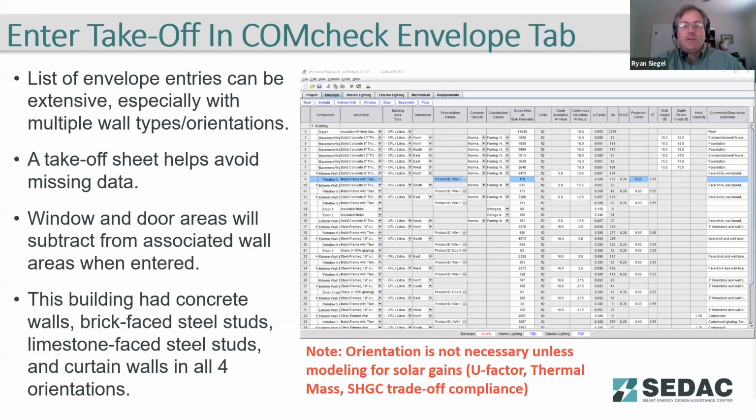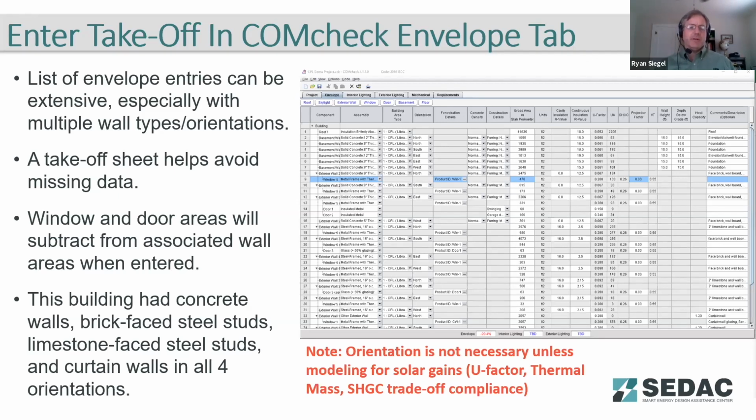Now, if orientation is not required for your particular building model, then that can dramatically simplify this. There you can see all the different walls and which orientation they are, which building type they apply to.